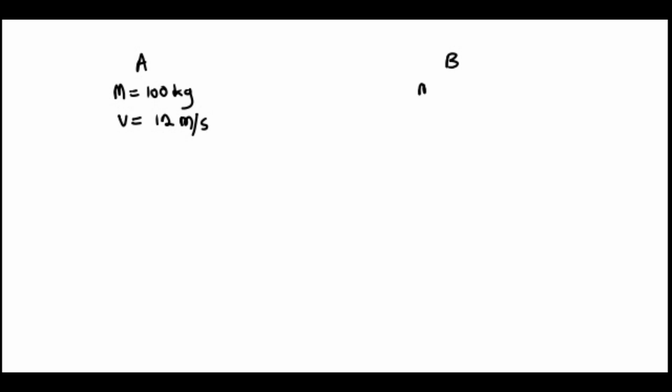Object B has a mass of 80 kg and a velocity of 15 meters per second east. These are the directions. Which object between the two will be the most difficult to stop?